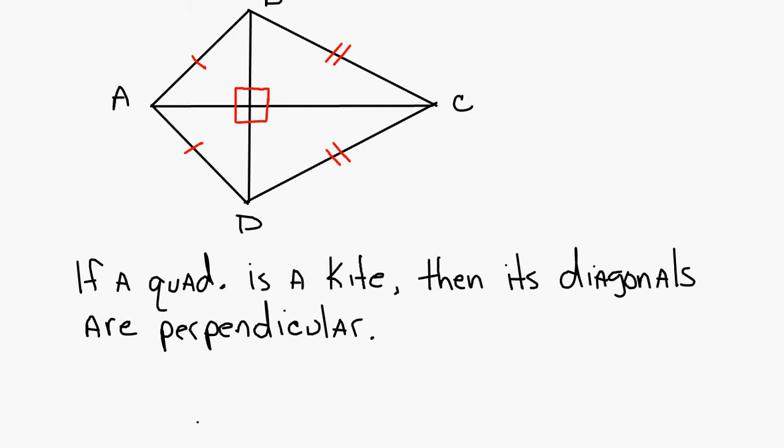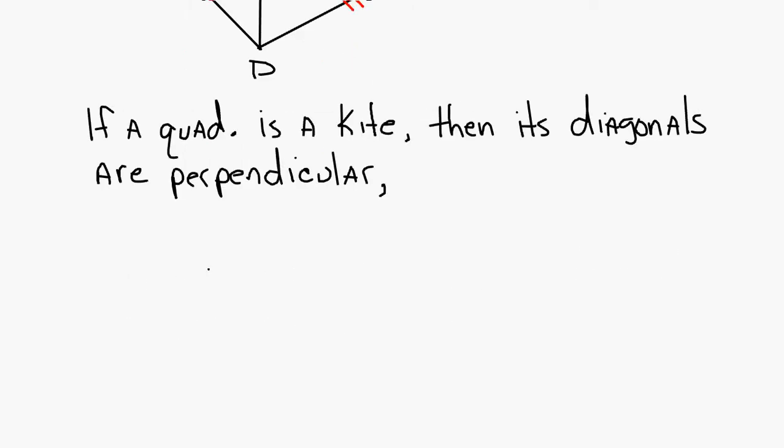If a quadrilateral is a kite, then its diagonals are perpendicular. Just put a comma there. We'll add to that so I don't have to write this first part again.